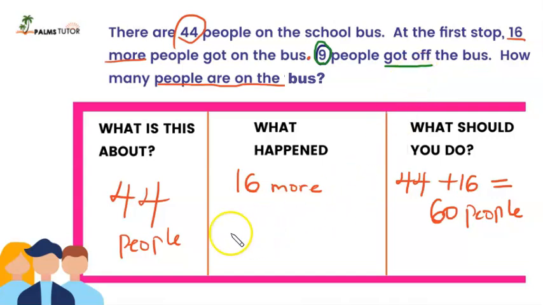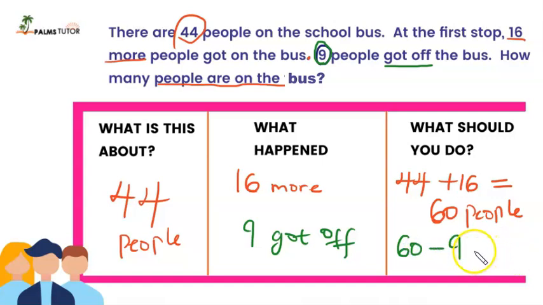No. So we have 9 got off. How many people are on the bus now? So what do we do? If they got off, are we going to be adding them to the number? No. So we now have 60 minus 9 that has gone off to give us 51 people on the bus.